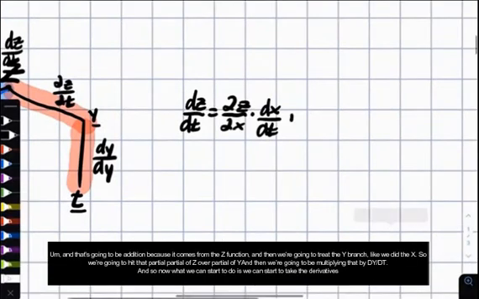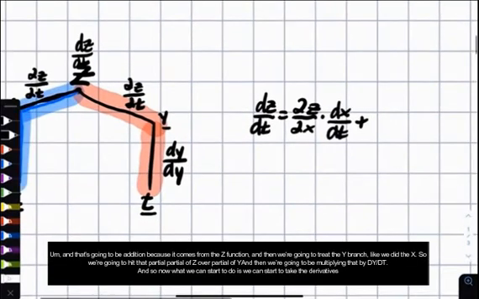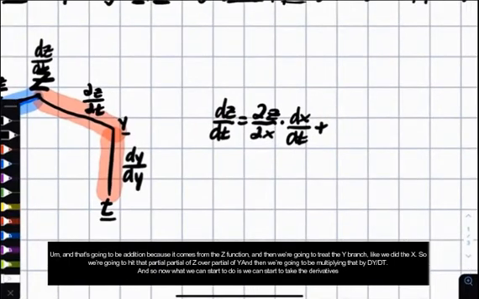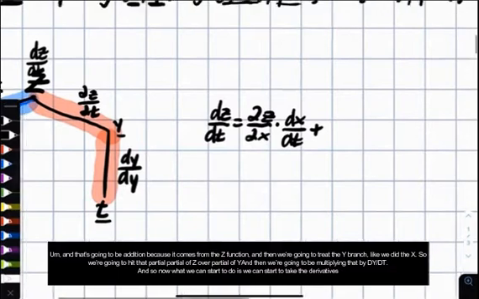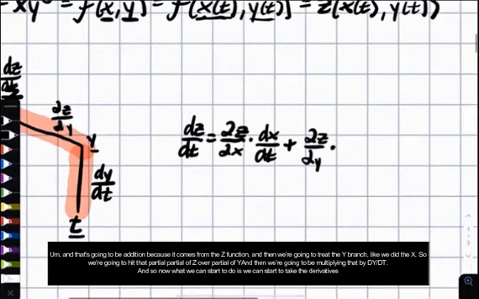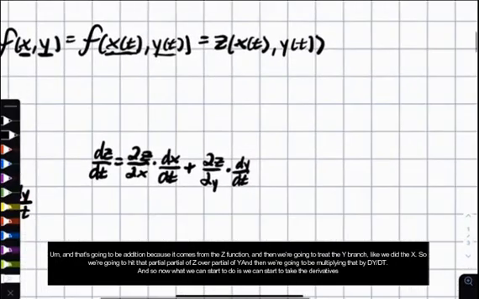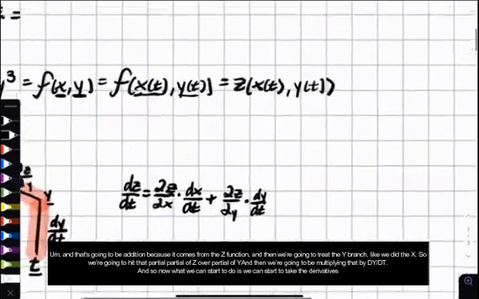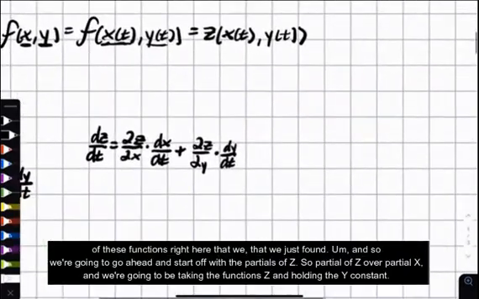And that's going to be addition because it comes from the z function. And then we're going to treat the y branch like we did the x. So we're going to hit that partial of z over partial of y, and then we're going to multiply that by dy/dt.